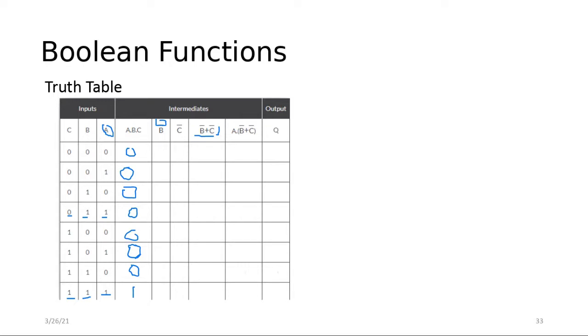For example, B is 1, 1, 0, 0, 1, and just like that. And there is also 1, 0, and also 0.